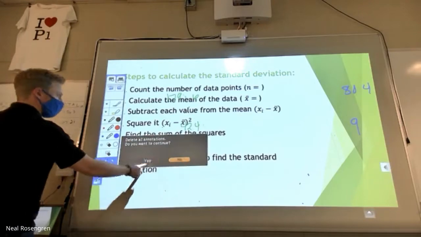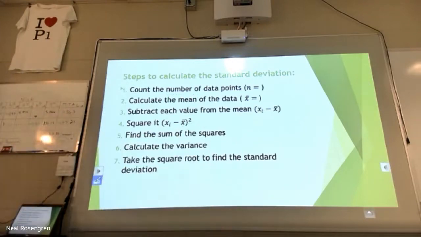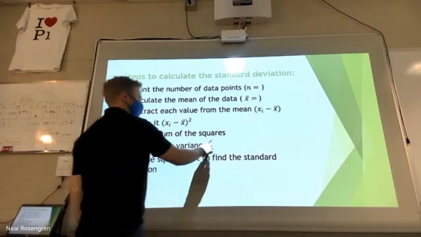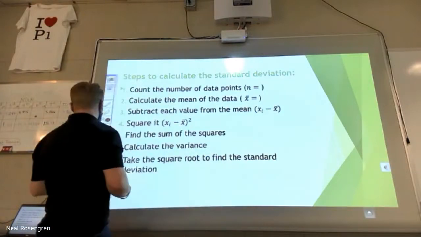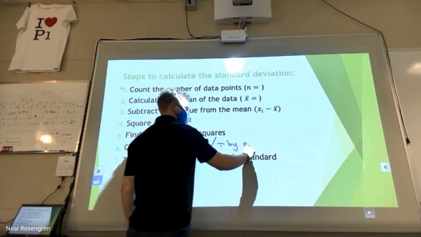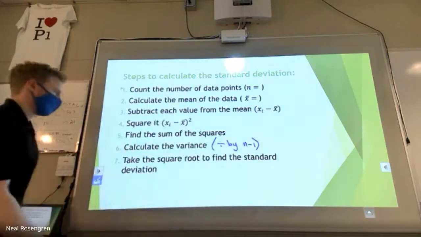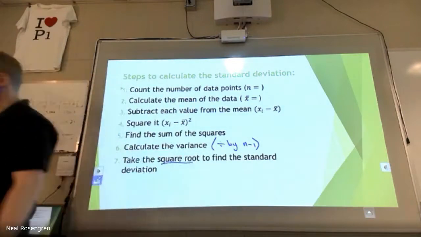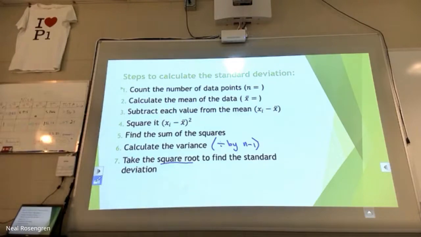Count how many you got, figure out your average, do the subtraction, square it, add them up. Calculating the variance is divide by n minus 1, divide by 1 less, and then take the square root. It's kind of a long process, but simple if the calculator works for you, or if you can use Google Sheets to help you out.